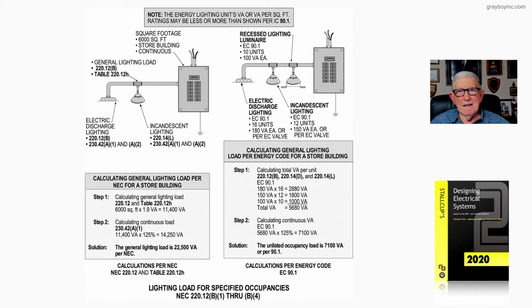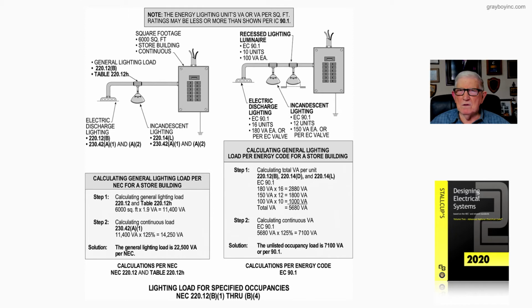Now, the thing is, if you look at the Annex D, NFPA in the Annex D, they take the 1.9 times 6,000, you come up with 11,400. Then they take 6,000 times 125% and take the larger of the two. But we're applying the 230.42A1 rule there and taking 125% of it, and that's the way we recommend that it be done.